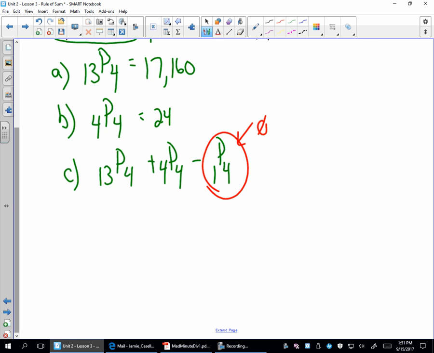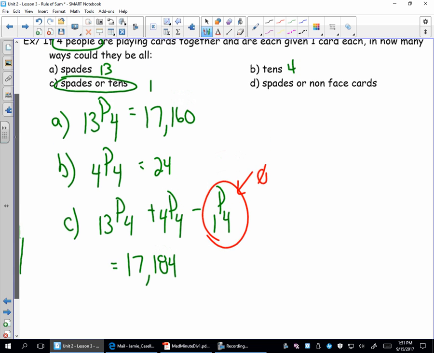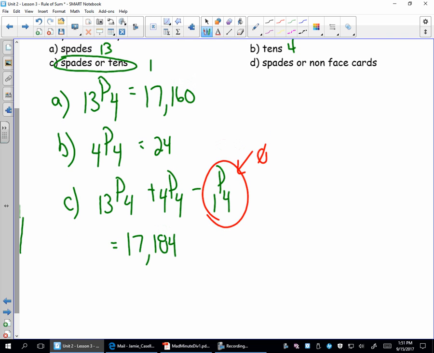So there's no way that I have to worry about the overlap for 4 cards. If I was just doing a single card, then I have a different problem. Okay, so 17,184. Okay, try the last one here, letter D. What about things that are spades or non-face cards? So I've got spades, 13P4. Non-face cards. How many non-face cards are there?